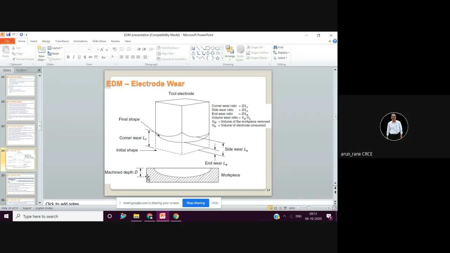So our task is to reduce this wear. In ideal condition we should not have any wear in the electrode, that is, it should be zero. In ideal condition, tool electrode wear should be zero, and workpiece wear should be infinite.